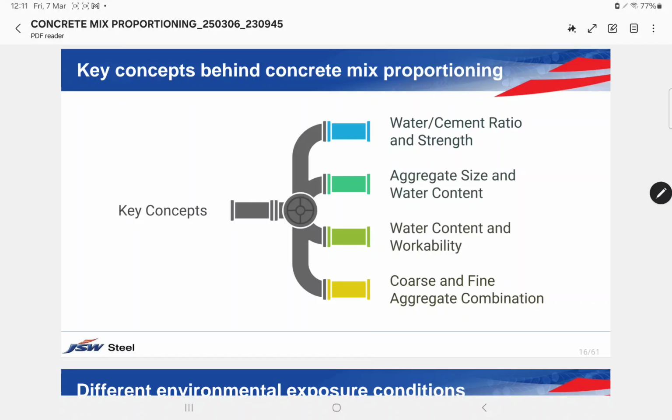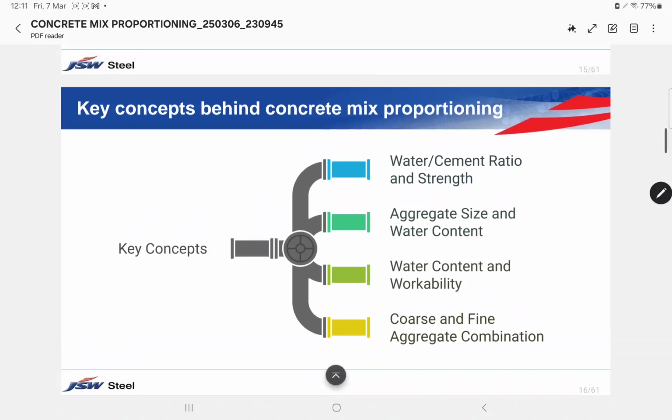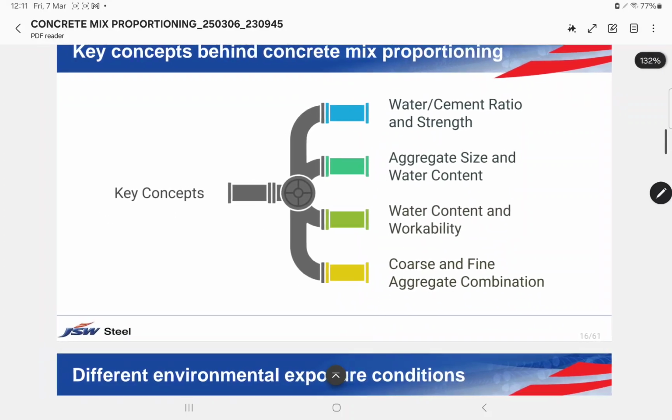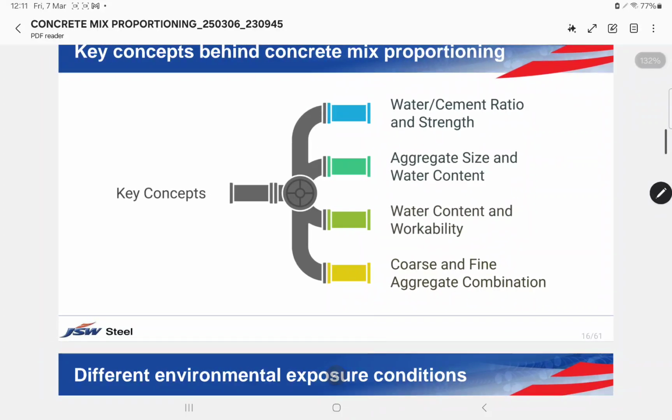Now next, try to understand aggregate size and water content. If my aggregate size reduces, then my water content increases.